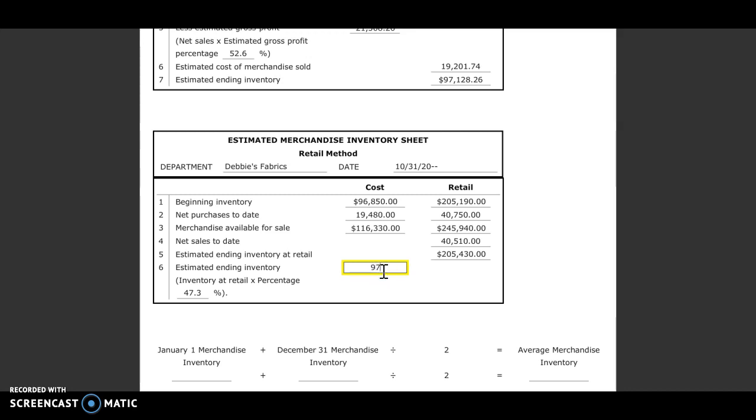Okay, so we should get 97,168.39. So that's the estimating ending inventory at retail times that percentage.